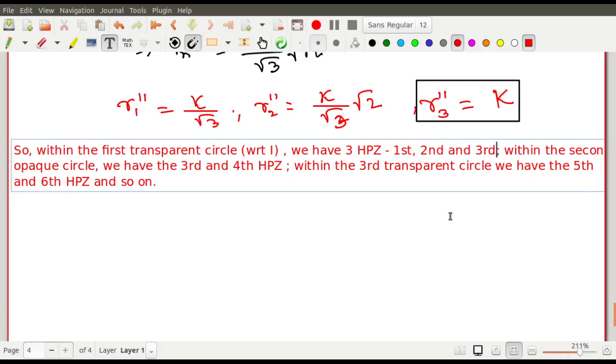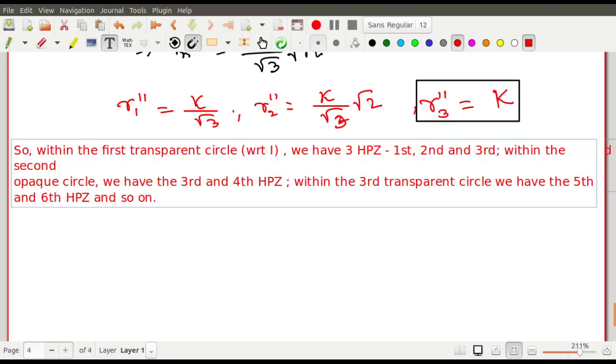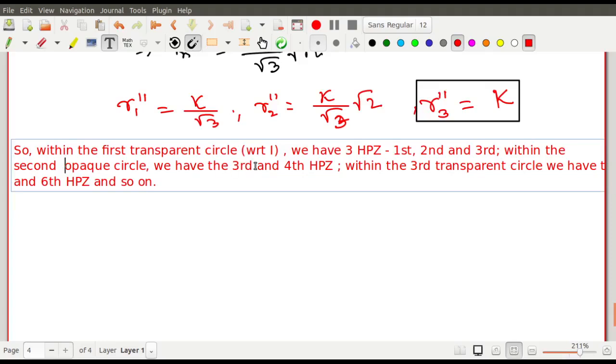Three of them will be there. Then within the second opaque circle, the third is done, so definitely we will have fourth, fifth and sixth within the opaque one. Fourth, comma, fifth and sixth within the second opaque half period zone.